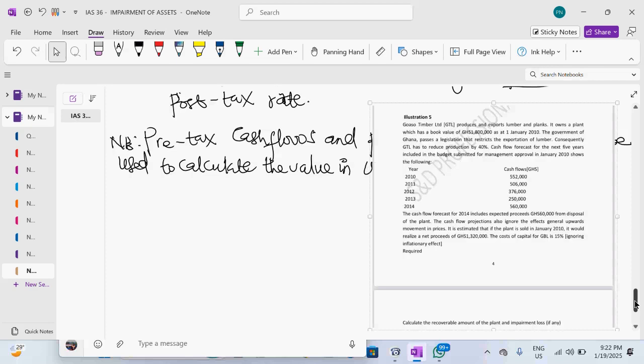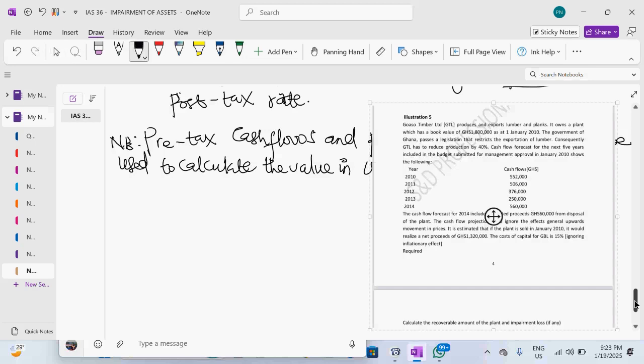The cost of capital is 15%, ignoring inflationary effects. Required: calculate the recoverable amount of the plant and impairment loss, if any. So recoverable amount of the plant and then impairment loss, if any, right?